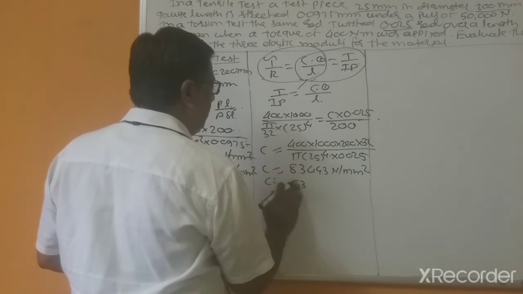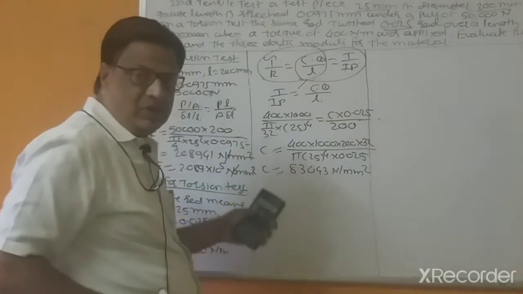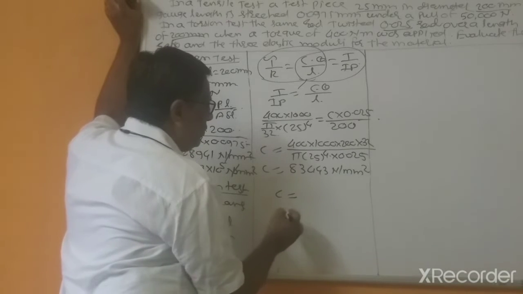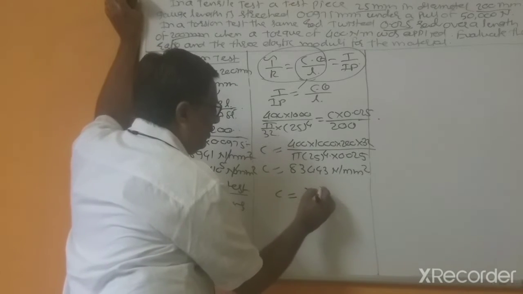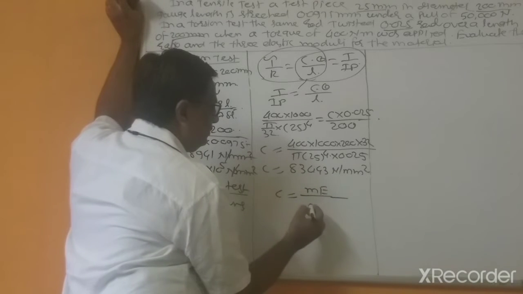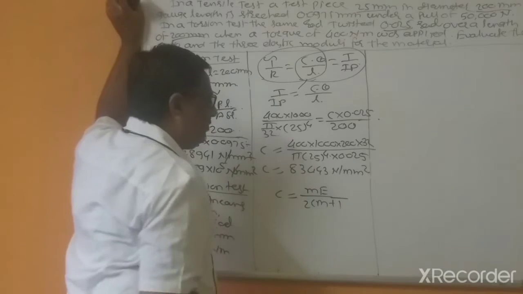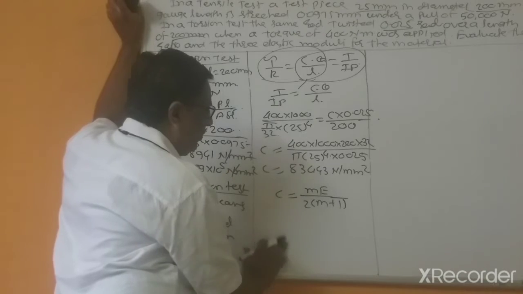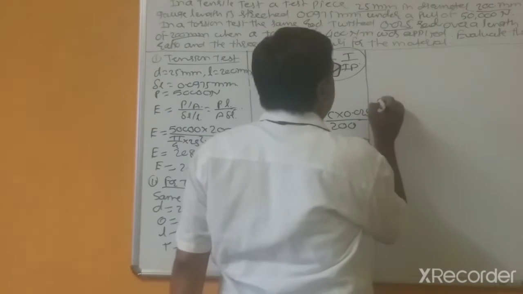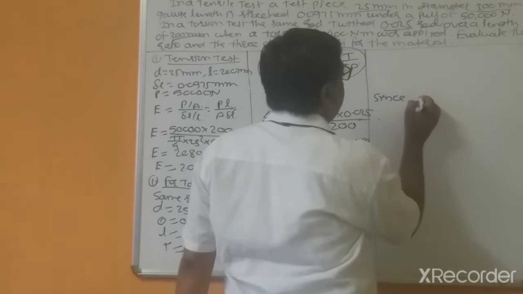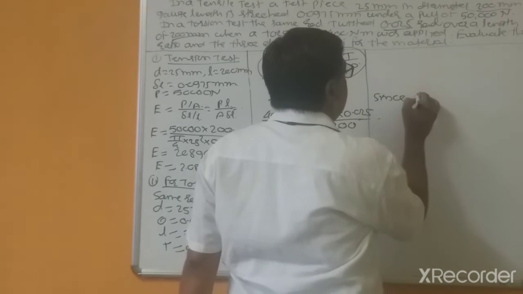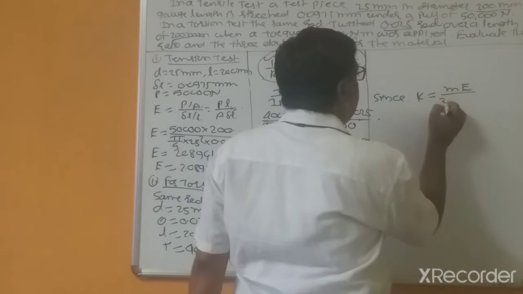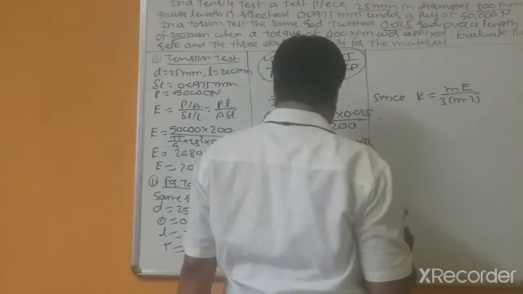Right. So after that, in the last problems we studied C equal to mE divided by 2(m plus 1). So by using this formula we can calculate the Poisson's ratio, because this Poisson's ratio we require, since this is bulk modulus K equal to mE divided by 3(m minus 2).